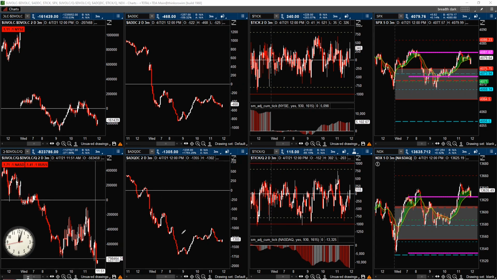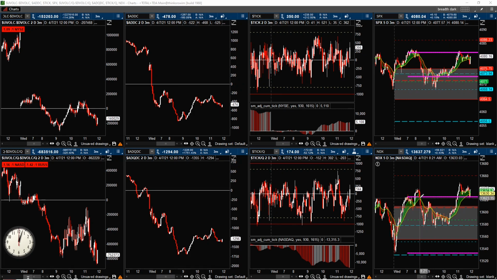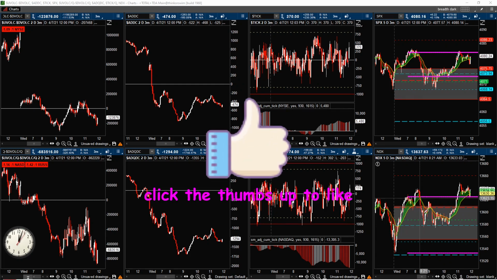The advance-decline has also been negative, and so is the cumulative tick. But as you can see, the NASDAQ is actually up almost 0.5%, 0.43%, 58 points. I'm going to show you the FANG stocks that have been driving this market. If those go, then we could see this market take back down.